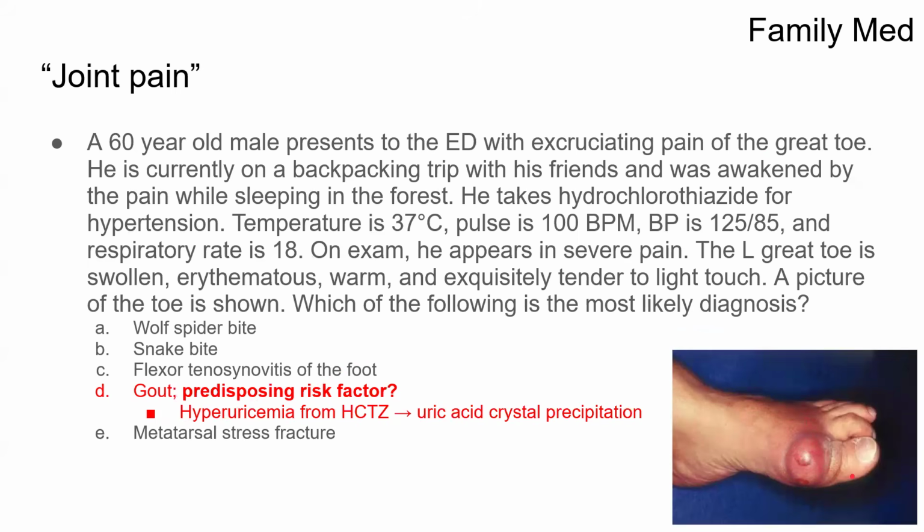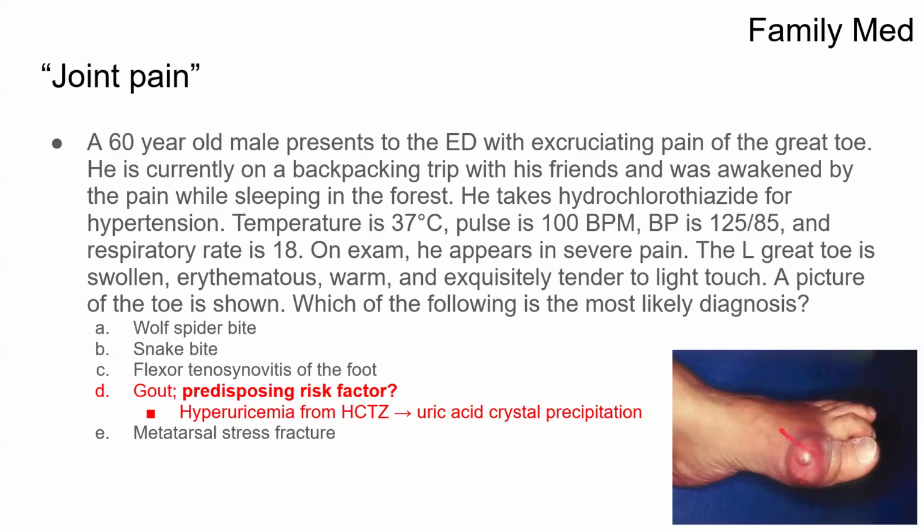So what other important things? Usually it's associated with people who have a purine-rich diet, so they're eating seafood all the time, or having wine all the time. It might also be, in this case, hydrochlorothiazide, hyperuricemia.